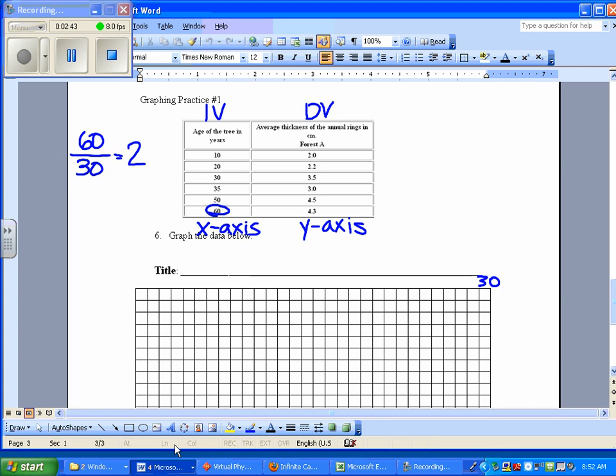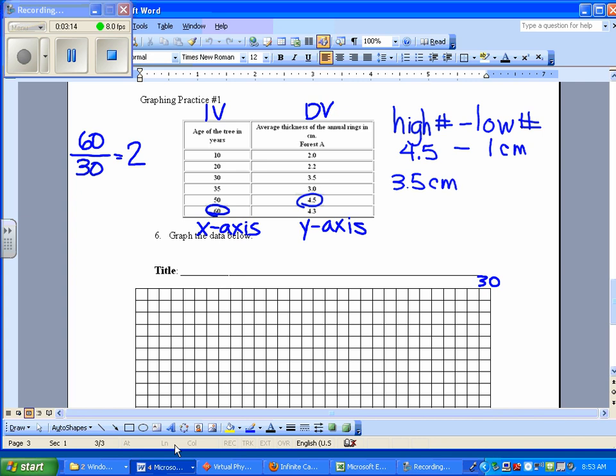When you have clustered data, you take your high number minus your low number. Our high number here is 4.5, so 4.5 minus 1 gives us 3.5 centimeters.